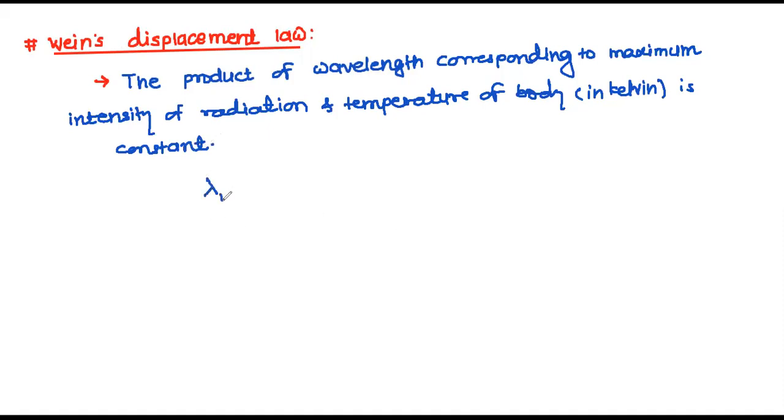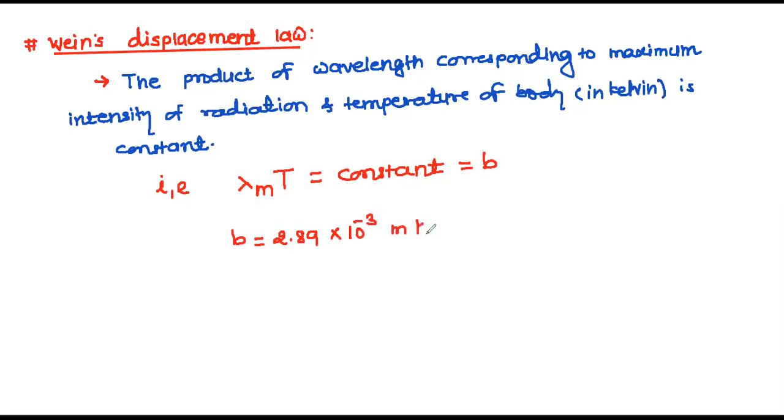That is, lambda m into T is equal to constant, which is equal to B, where B is 2.89 into 10 to the power minus 3 meter Kelvin. B is called Wien's constant.